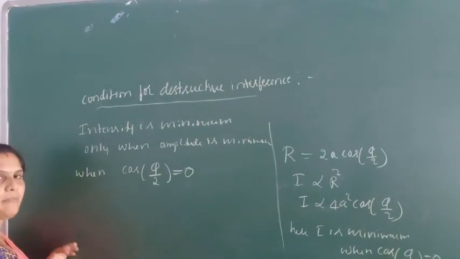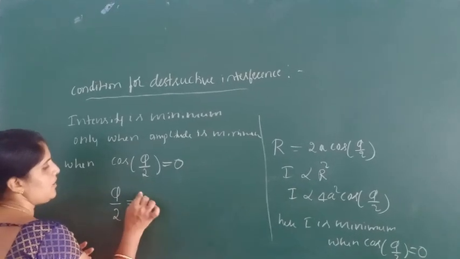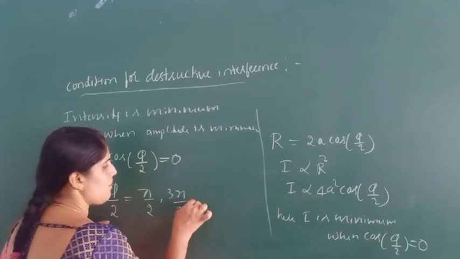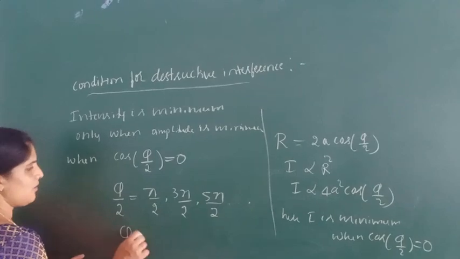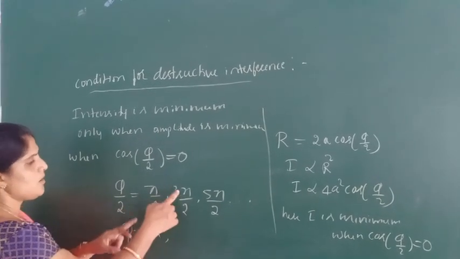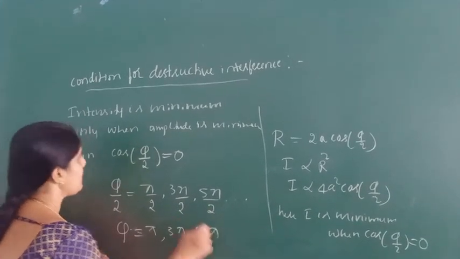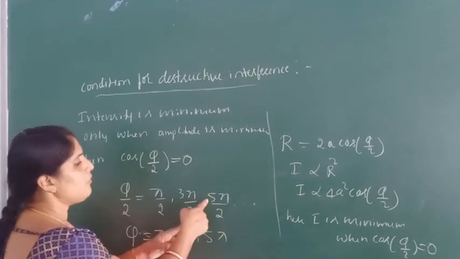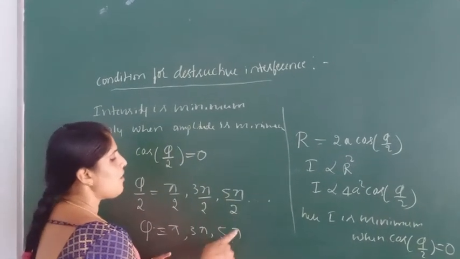This cos of phi by 2 becomes 0 when phi by 2 is equal to pi by 2, 3 pi by 2, 5 pi by 2, etc. Or phi is equal to, 2 gets cancelled, remaining is pi, 3 pi and 5 pi.